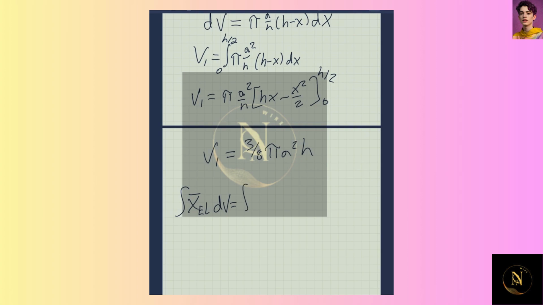And now we need to find the right side of the equation, which is the integral of the differential element dv. And so again, we'll be integrating from 0 to h over 2.